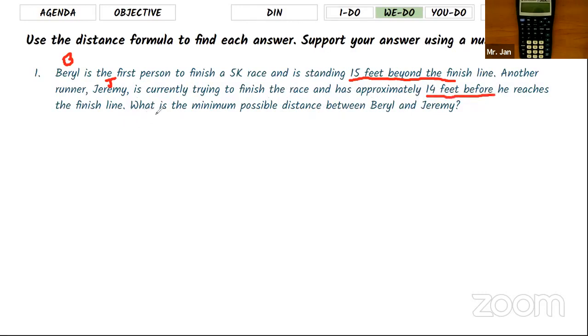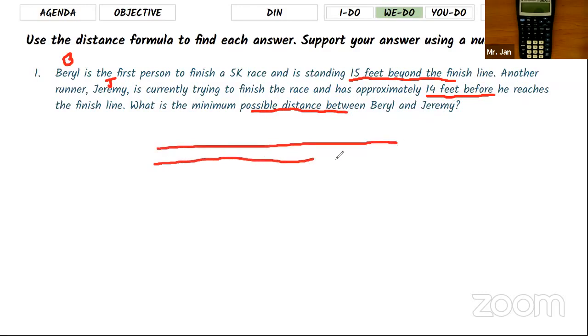Okay. So what is the minimum possible distance between these two persons? Let's say this is the running line. Jeremy and Beryl are running on this line, and there is a dash on the racing road. I'm going to draw the finish line right here. This is the finish line, and this is the flag that they have to cross.